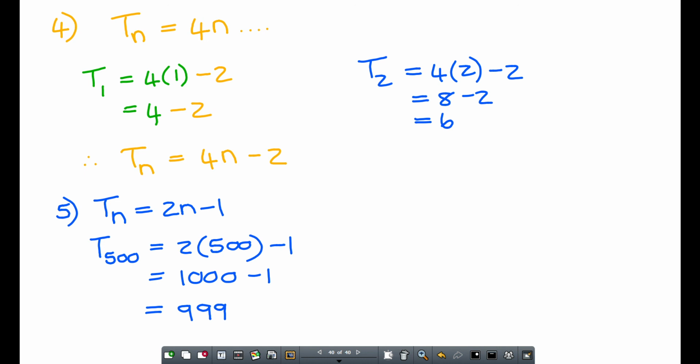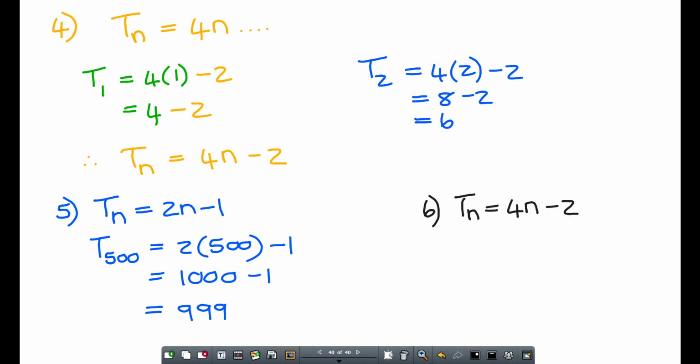Then at number 6, they're asking me the number of discs in design 500. Now the disc formula we did at number 4, and that was term N is equal to 4N minus 2. So all you have to do here is keep track of whether they are talking about the discs or the circles the whole time.